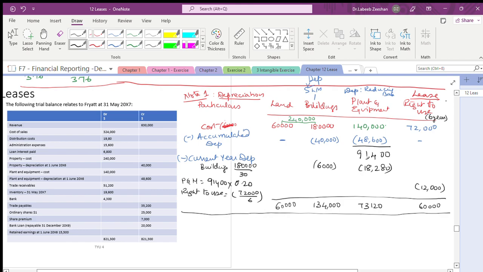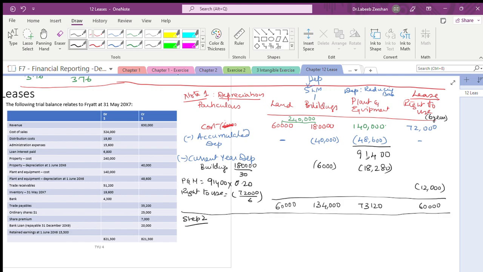Okay, now depreciation is 6,000, 18,280, 12,000. We have done this much only to get the amount of depreciation, and the balance amount we will show in the balance sheet.